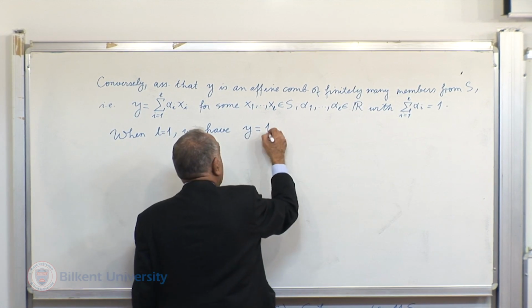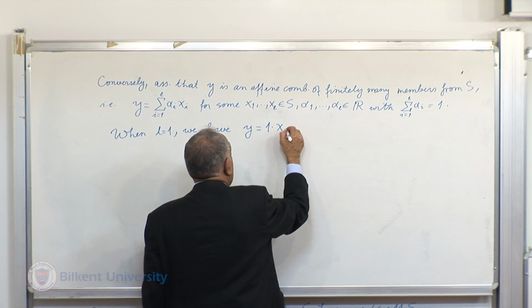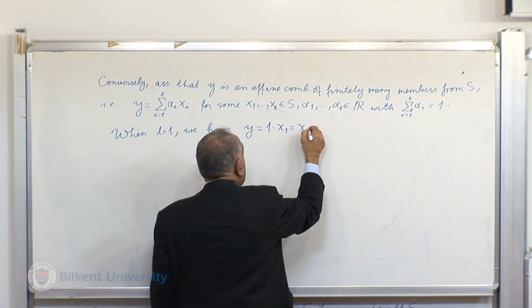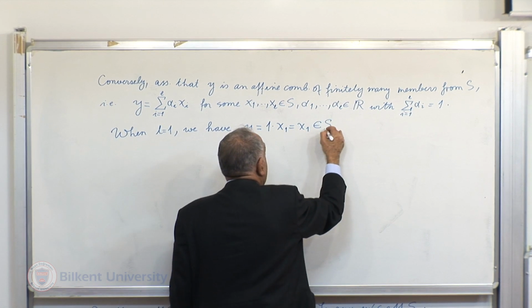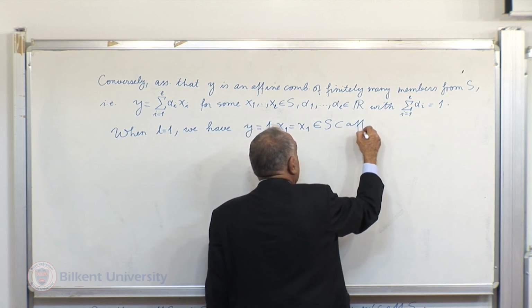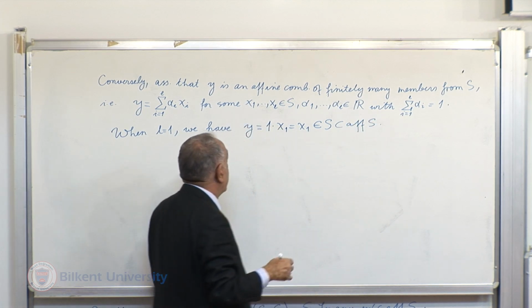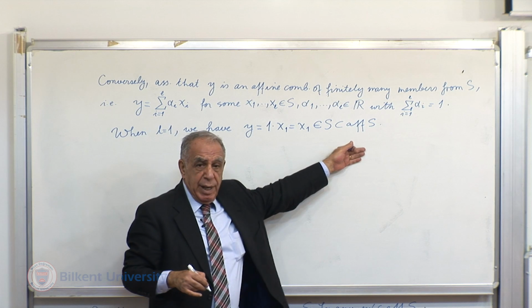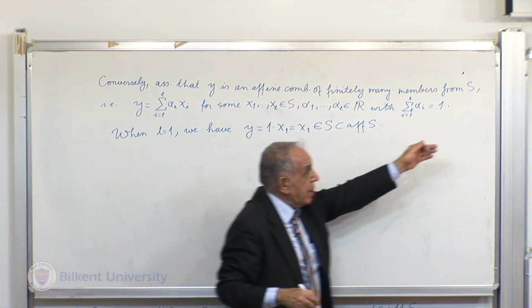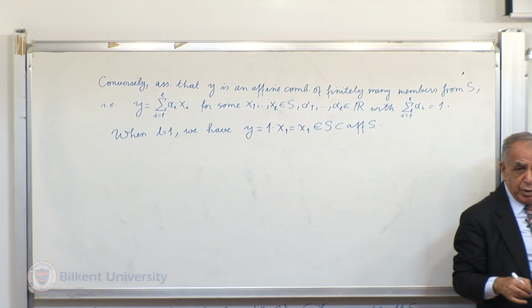Then this will be 1 times x1, which is x1, but x1 is in S, and that's clearly in affine hull of S. In that case, y will be in affine hull of S. That's what we are trying to show.